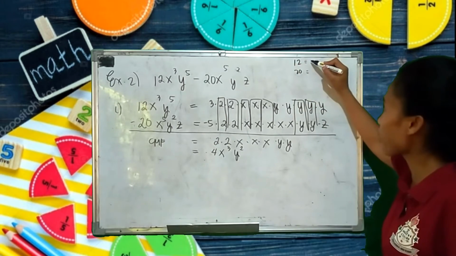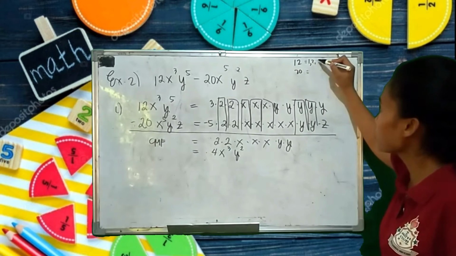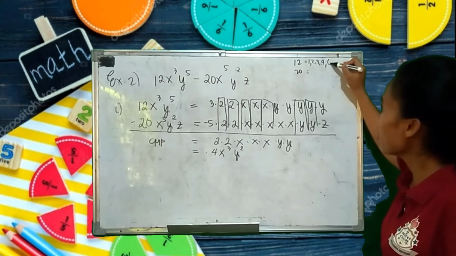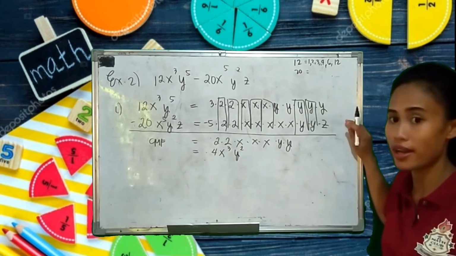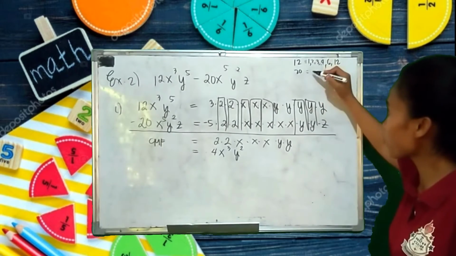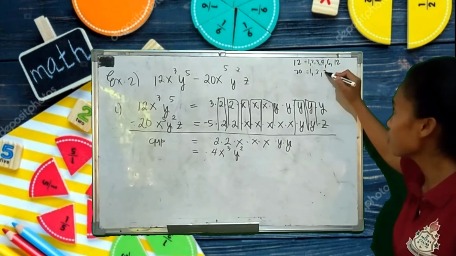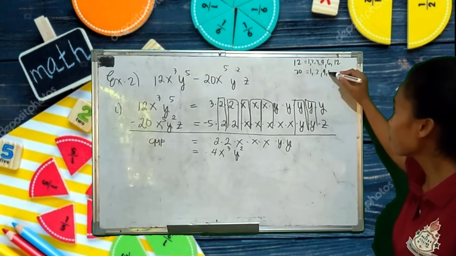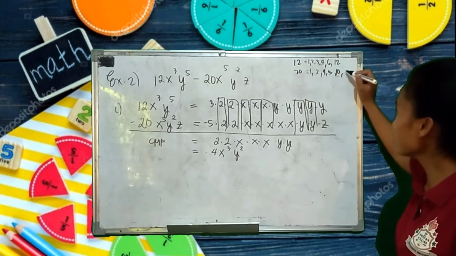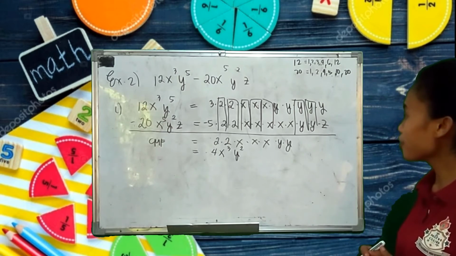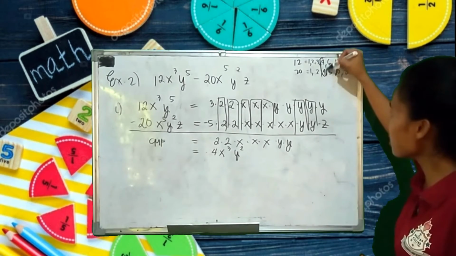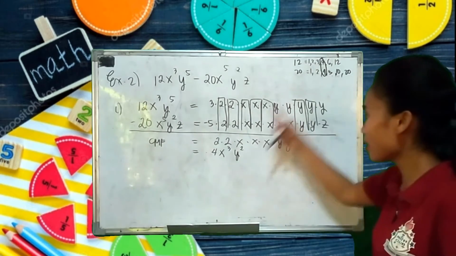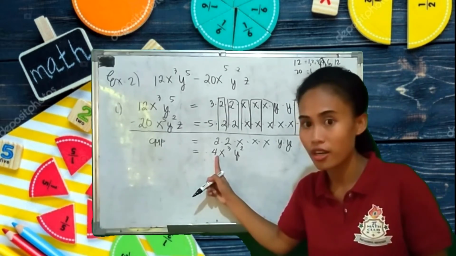The factors of 12 are 1, 2, 3, 4, 6, 12, right? And the factors of 20 are 1, 2, 4, 5, 10, and 20. If you come to think of it, their GCF is 4, and that now is the number here.